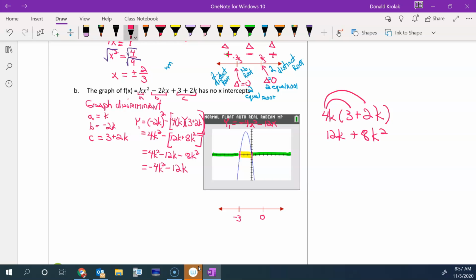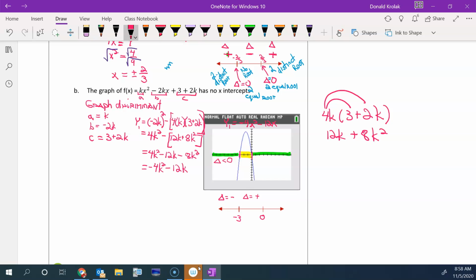See, the blue graph is negative. So over here, the discriminant is less than 0. So I write negative. Now, in between those two, the discriminant's above the x-axis, so the discriminant is positive.